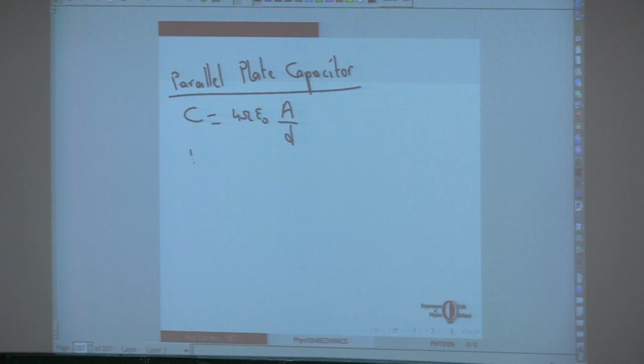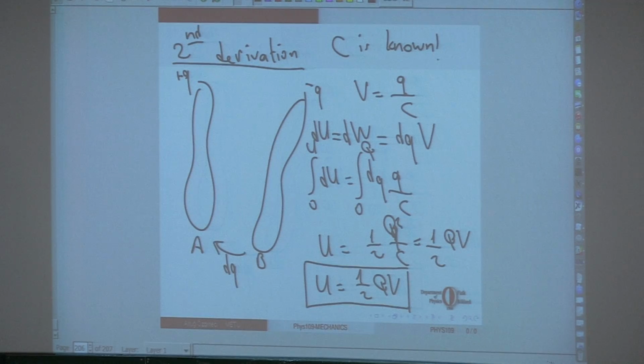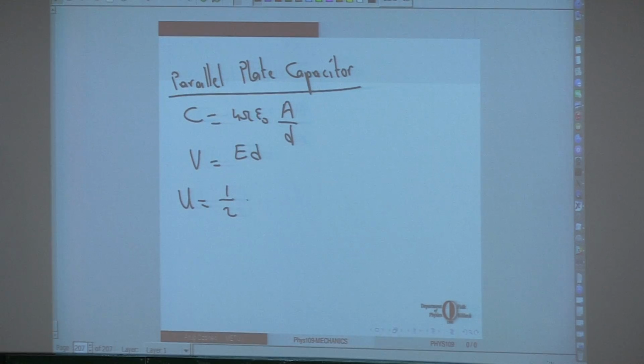V is equal to E times D, the magnitude of the electric field times the separation of the plates. And we know that the potential energy stored is 1 over 2 Q squared over C, or QV, or V squared over C.